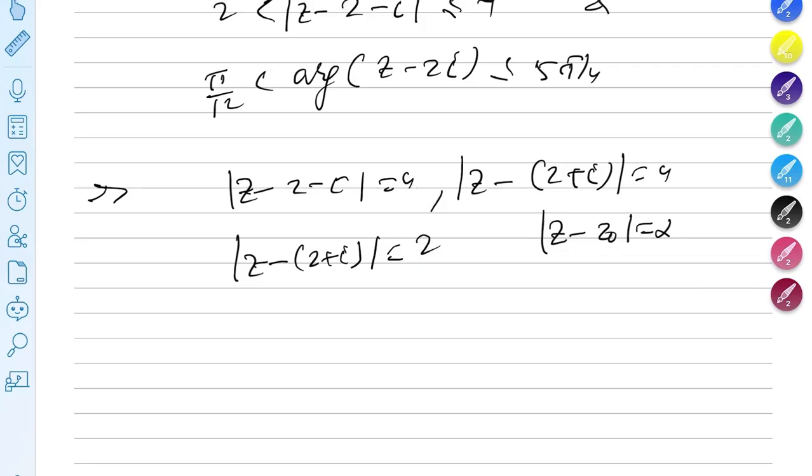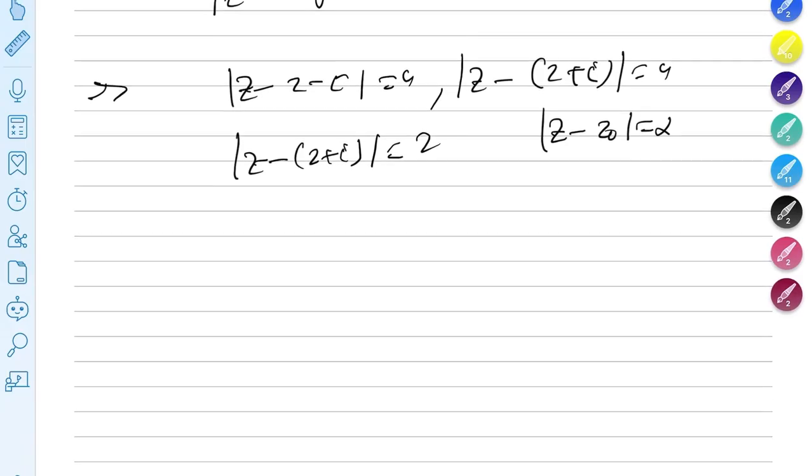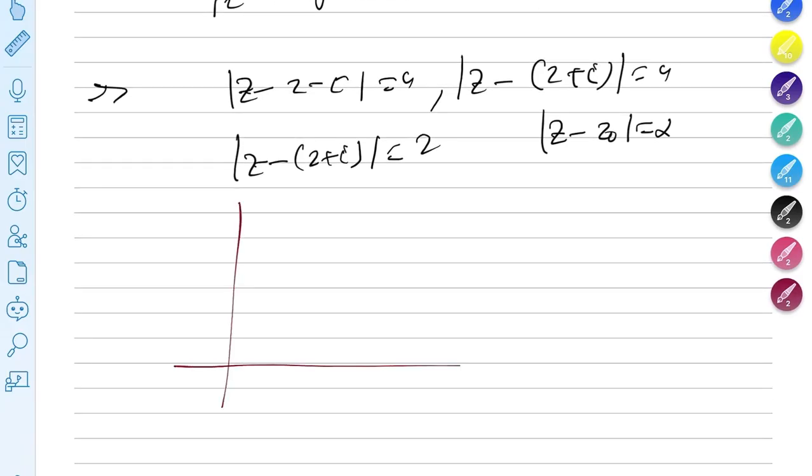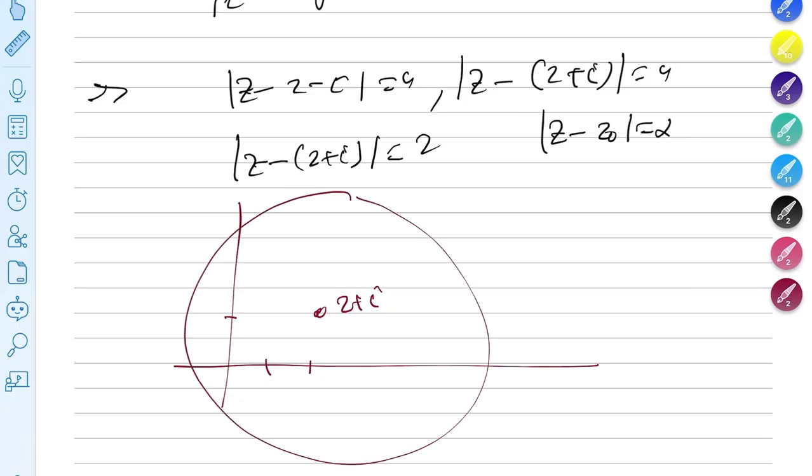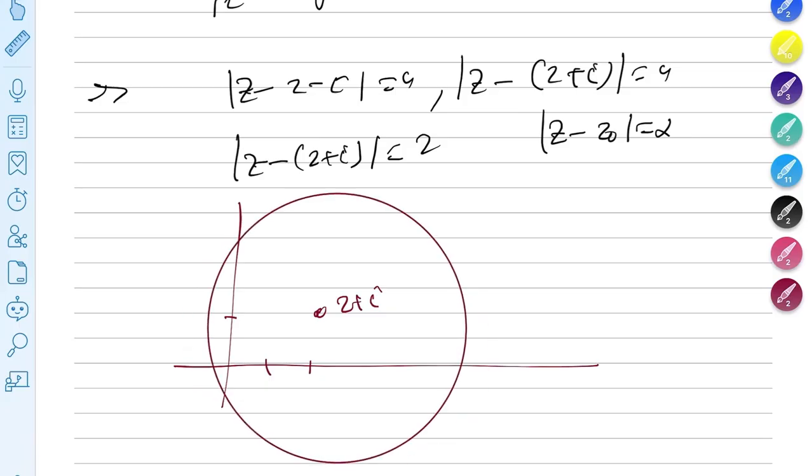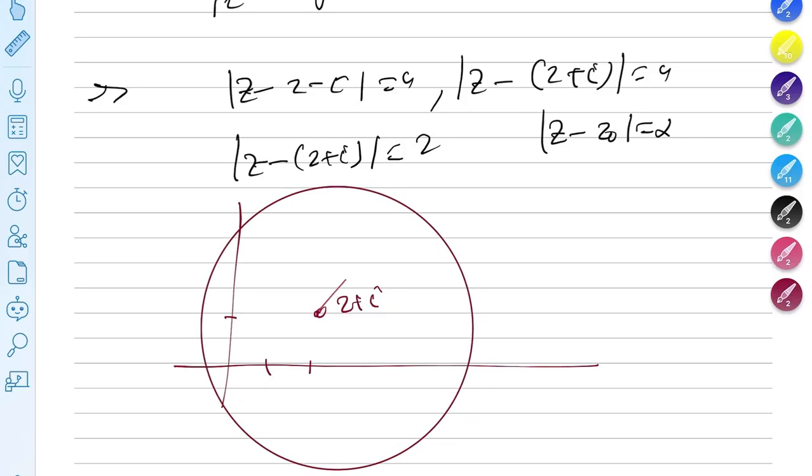So they are lying between the circle of radius 4 and radius 2. Let's draw this. Somewhere the center is 2 plus i, so 2 plus i is the center. We'll draw a circle with radius 4, so this is a circle with radius 4. And the other circle has radius 2.